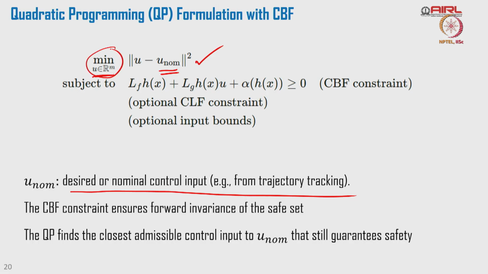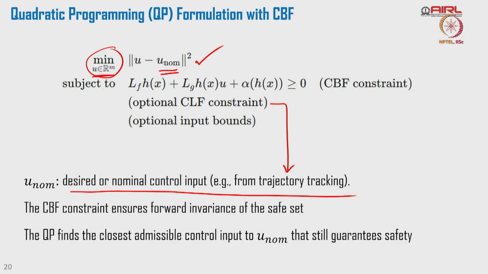Okay. Now, nominal control input can also be coming from a concept called control Lyapunov function. This is out of the scope of this particular lecture, but in the reading material it is demonstrated very nicely, so the readers can go through. Okay. There can be some other constraints inside the quadratic programming problem.